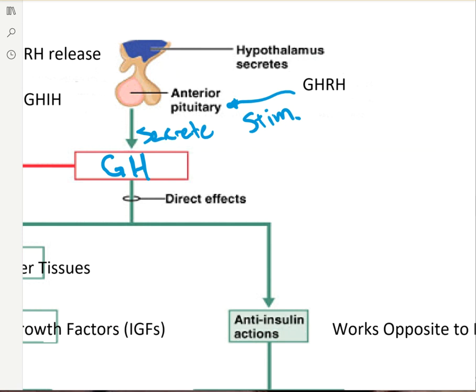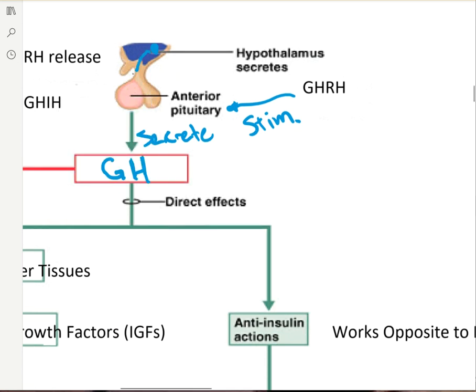The growth hormone-releasing hormone is produced up here in the hypothalamus, and it travels down the portal system and goes to the anterior pituitary, right? So it goes down that HH portal system through the blood, and it stimulates those somatotroph cells to release growth hormone, okay? And it does this because we have low levels of growth hormone, we have low levels of glucose, and so on and so forth.